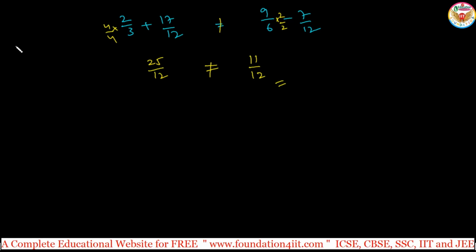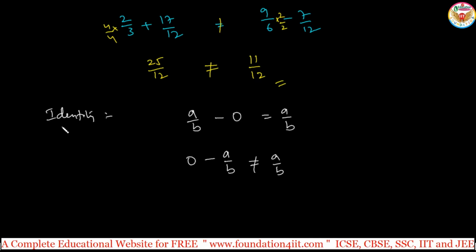When you come to the existence of identity: a by b is a fraction. If you subtract 0, we get a by b, but 0 minus a by b is not equal to a by b. So we can say that subtraction has no identity.